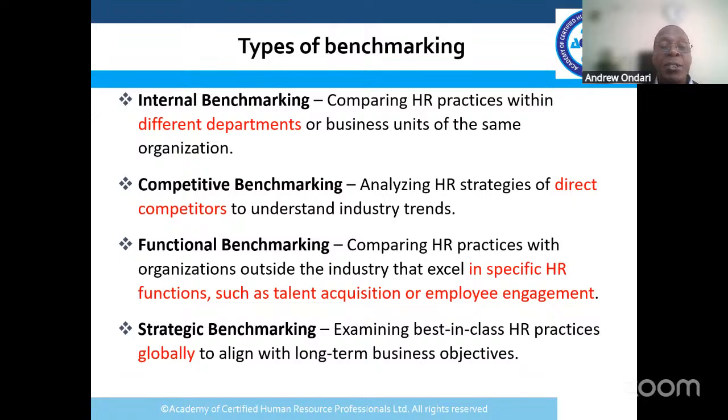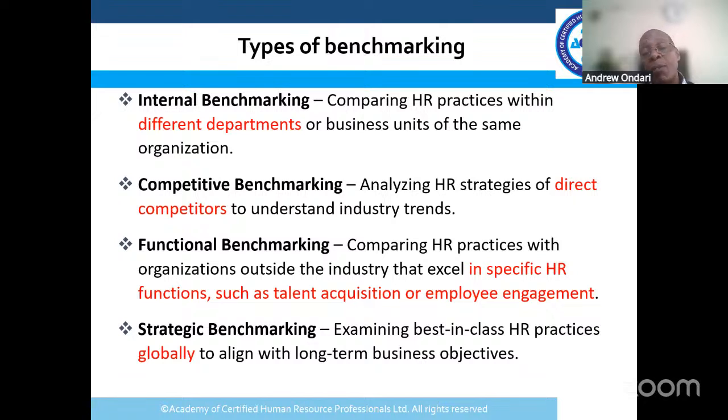So we again train people specifically on talent management. So that is an example of functional benchmarking. For example, training, that you compare yourself with what others are doing and you find that they are doing targeted training. This is likely to produce better results than doing mass training.